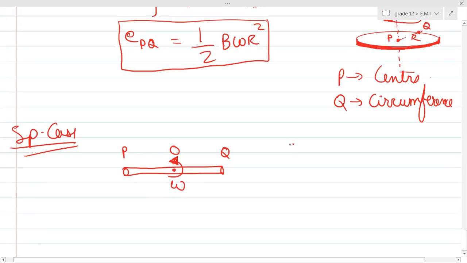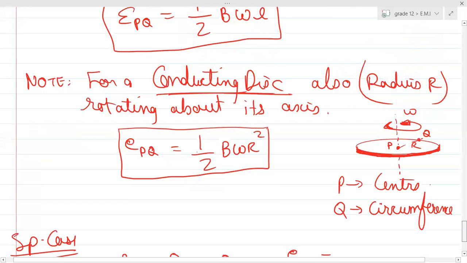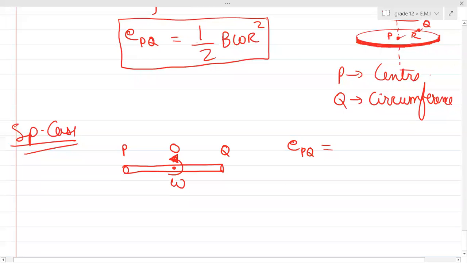If someone asks you what is the EMF across PQ, what will be your answer? Will it be the same as the previous case, or will it be different? The EMF across P and Q will be 0.